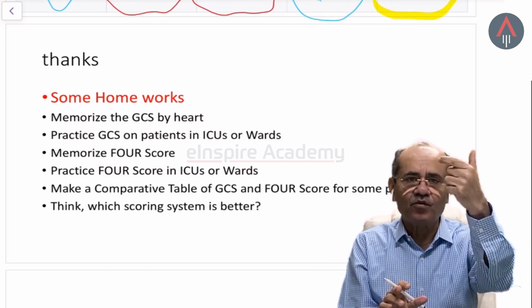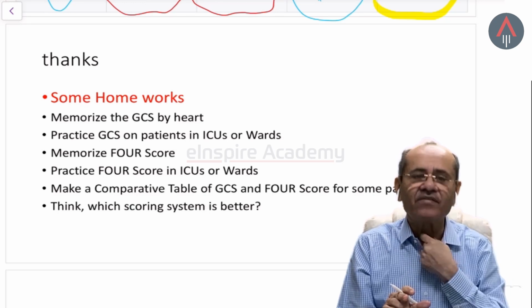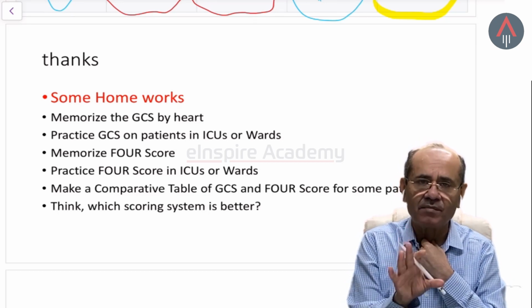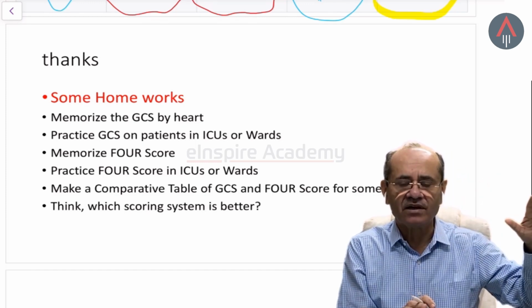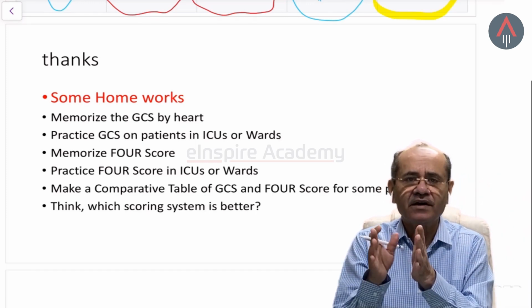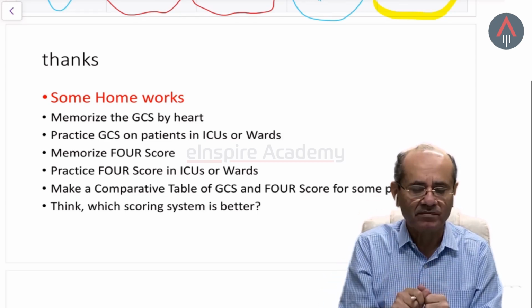You have to examine the pupillary reflex, the corneal reflex, and the cough reflex. I am not teaching how to examine those reflexes in today's lecture. For that there would be another lecture. And then you should look at the respiration with ventilator, without ventilator, and a few more points in between.